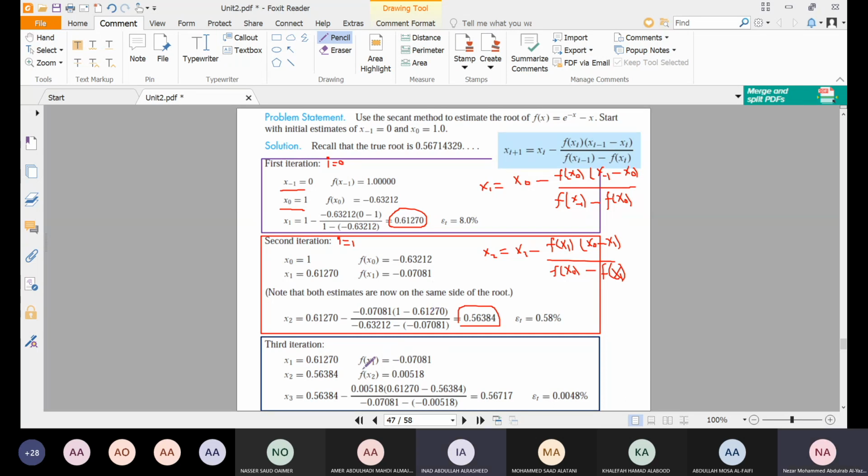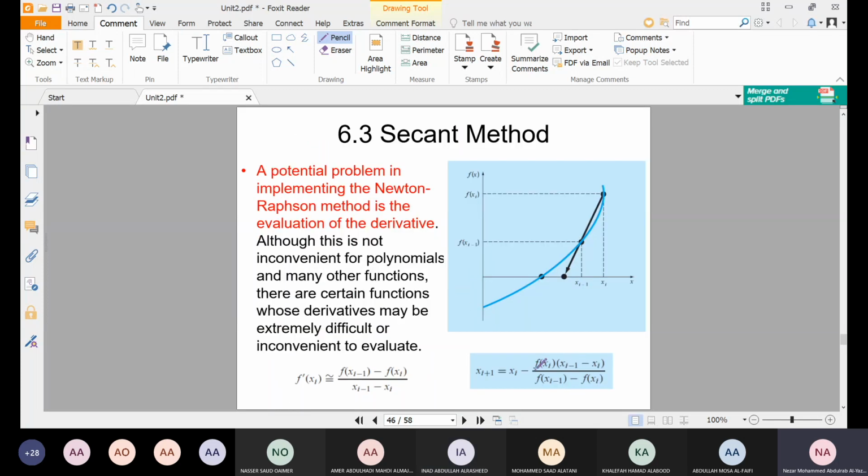All clear. Doctor, this method is like Newton's, but the difference is we don't have the first derivative here. Yes. The difference is that we substitute this coefficient instead of the first derivative. There is no need here for the first derivative.